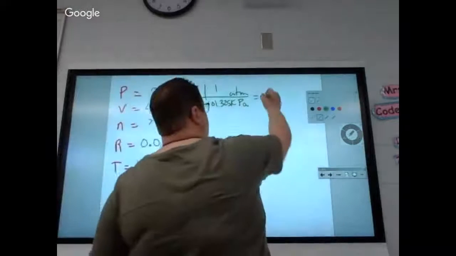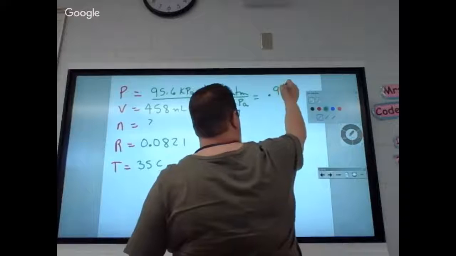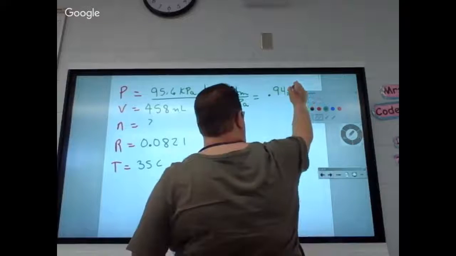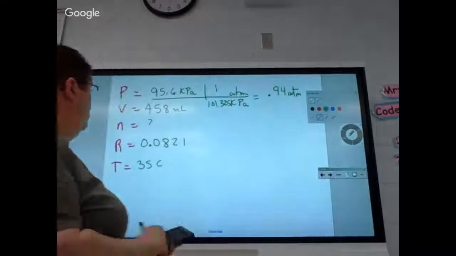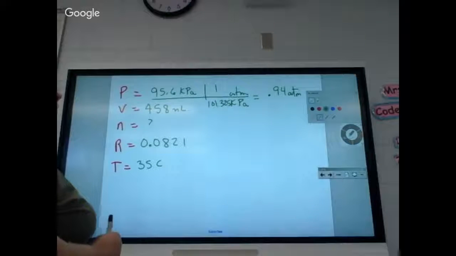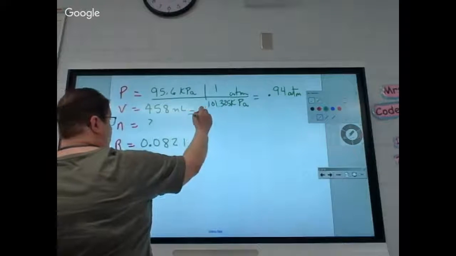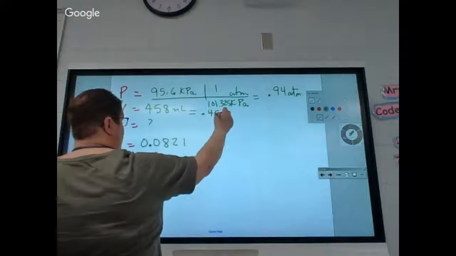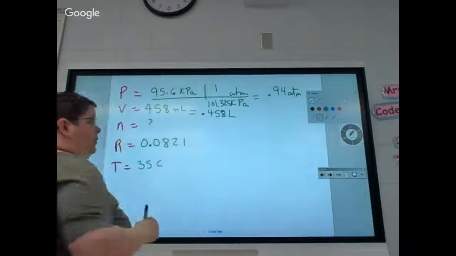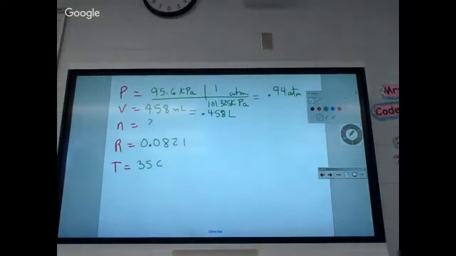At this point, all I need is what it equals to. 458 milliliters again. If you can do that in your head or on your calculator, that's really all I need at this point. If you can't do that without drawing the chart, again, draw the chart.